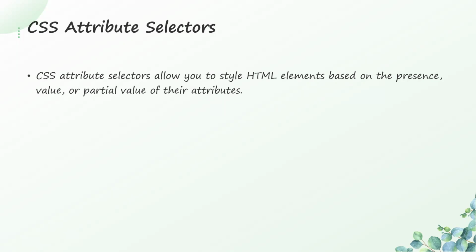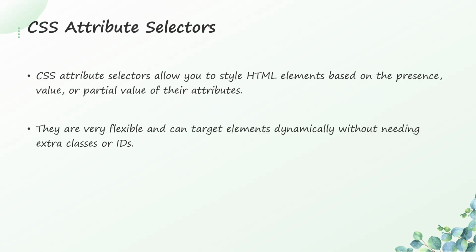We select based on: is this attribute present? Does this attribute have this value? Does this attribute have this partial value? That is how we are going to be selecting. They are very flexible and can target elements dynamically without needing extra classes or IDs. So you might not need to use the class selector or the ID selector. These attribute selectors are very, very flexible.